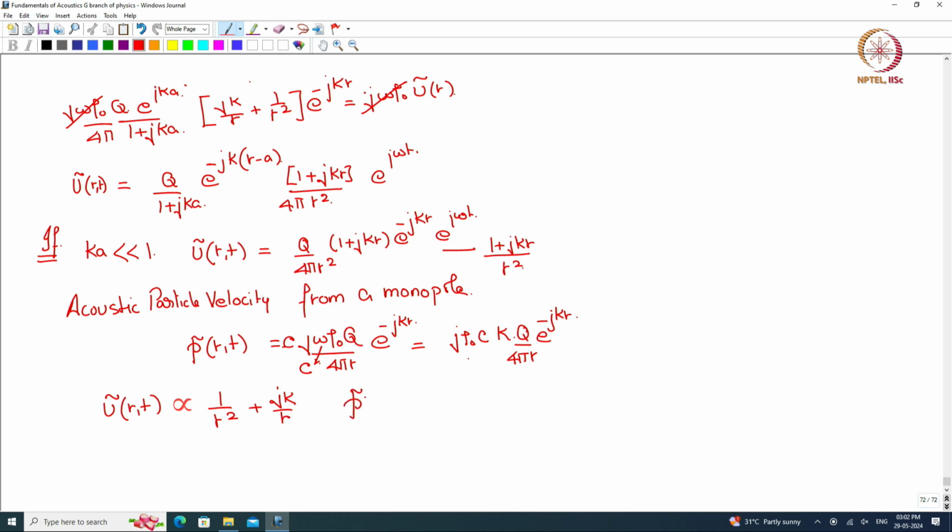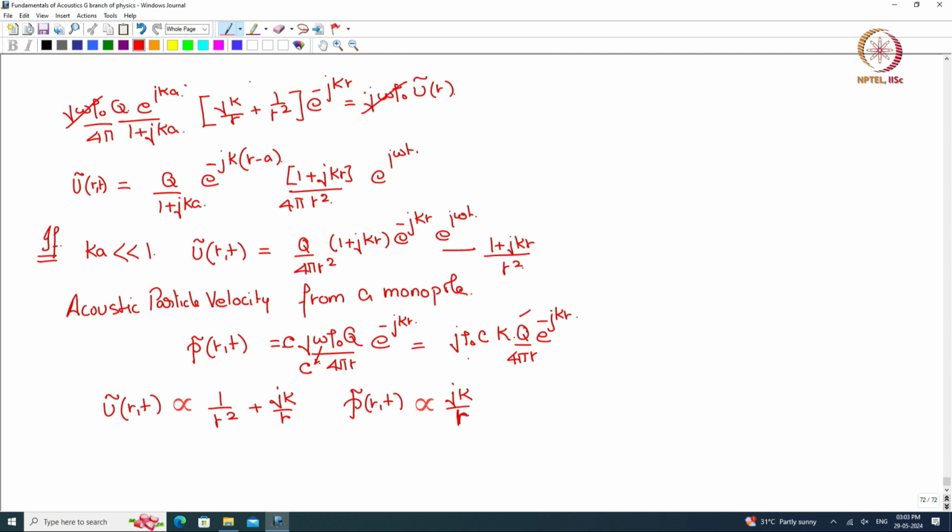For pressure, I have j k over r. That is my focus. The radial behavior is my focus. There are other constants, which are not at this point important.